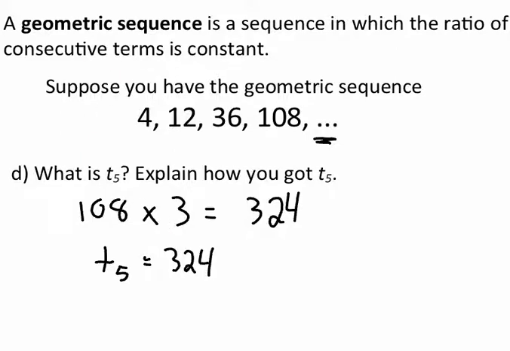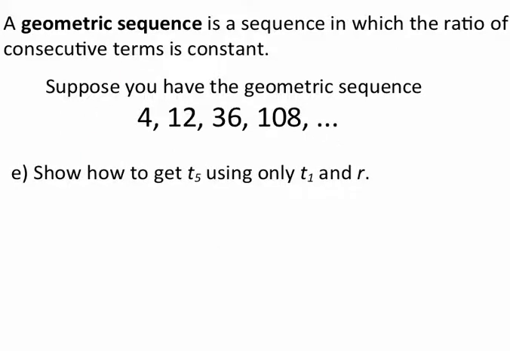Well, that's one way we did this. We could also find a term using just the first term, T1, and our value of r. We have to notice one thing about this. If we want to find our fifth term, we multiply by 3 here, multiply by 3 here, multiply by 3 here. There's 1, 2, 3 times we multiply by 3. Another time we multiply by 3, so 4 times.